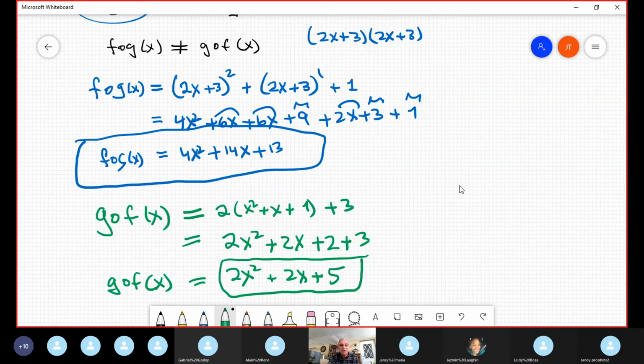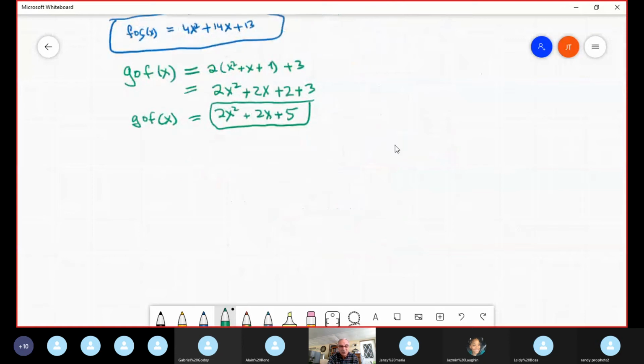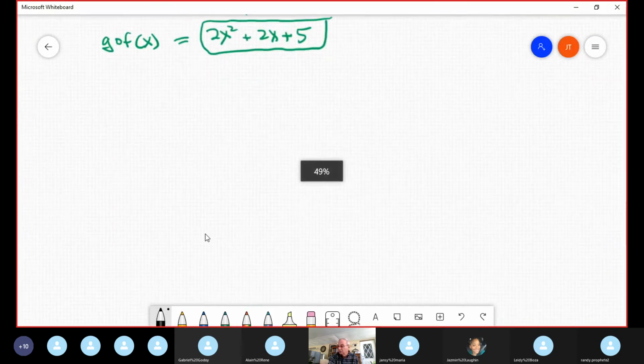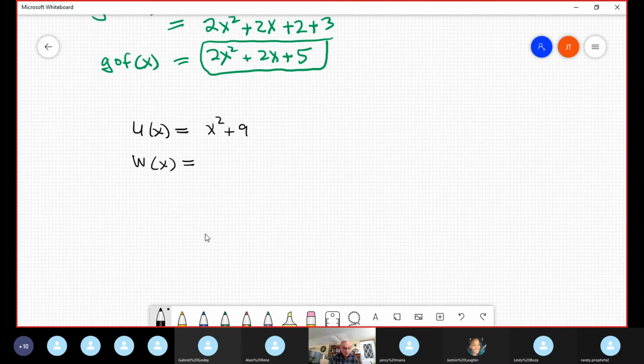Is the composition confusing or is it clear? No, I will bring more examples, of course. Suppose this typical example. Normally we can do this using a variable, or we can use a numerical value. Suppose U of x is equal to x squared plus 9, and W of x is the square root of x plus 8.